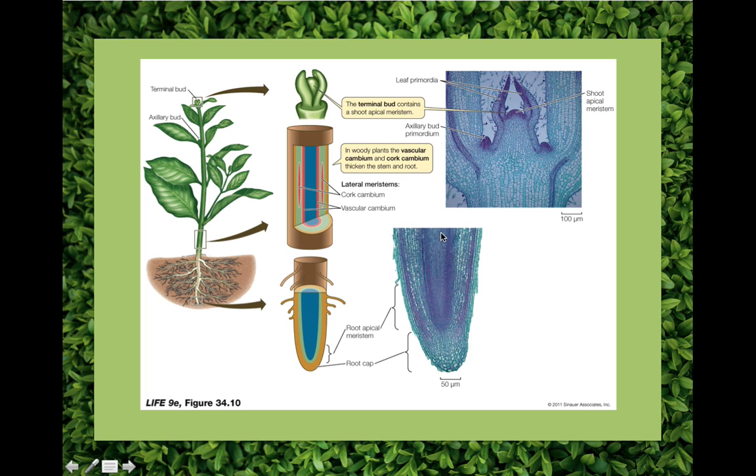But here is a diagram showing how we have terminal buds that have apical meristems. We also have an apical bud at the root apex. Last semester, whenever you may have taken Biology 1020, you may remember taking garlic bulbs and removing the rootlets to look for cells going through mitosis.